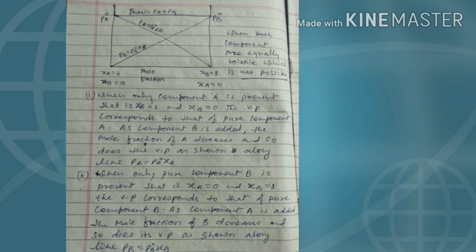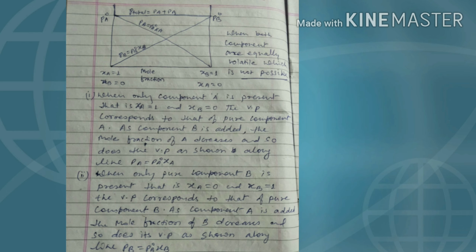Now from the above graphs, we conclude that when only component A is present, that is XA is equal to 1 and XB is equal to 0, the vapor pressure corresponds to that of pure component A. As component B is added, the mole fraction of A decreases, and so does the vapor pressure, as shown along the line PA is equal to PA naught XA.